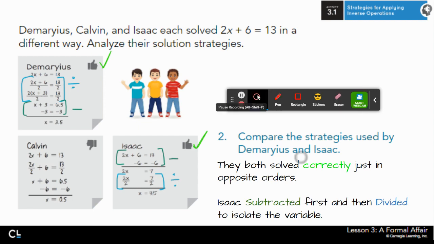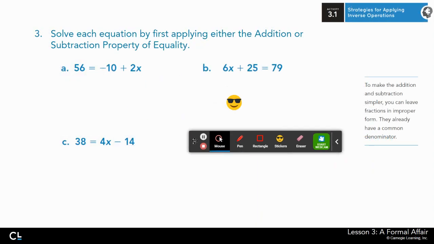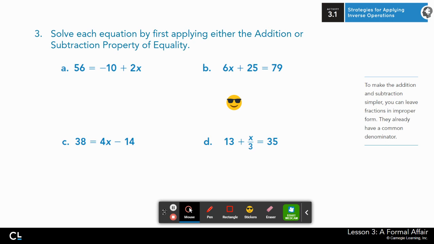Alrighty, now it is time for you to practice. So go ahead and turn to question number 3, and also question number 4 we'll look at the same time. But question 3 says, solve each equation by first applying either the addition or subtraction property of equality.